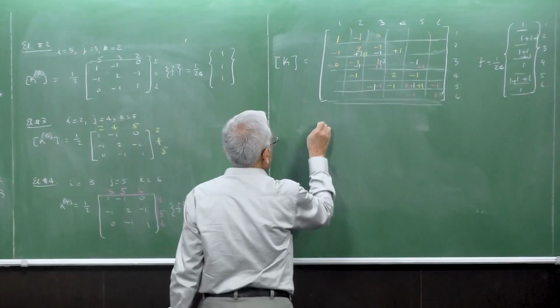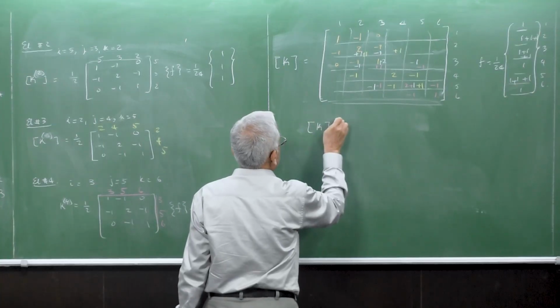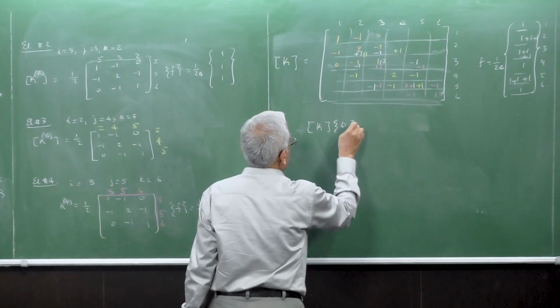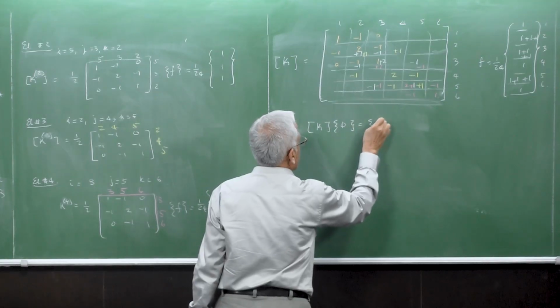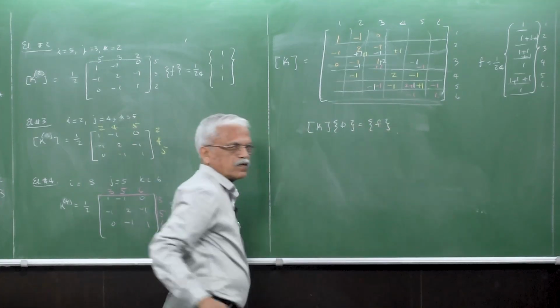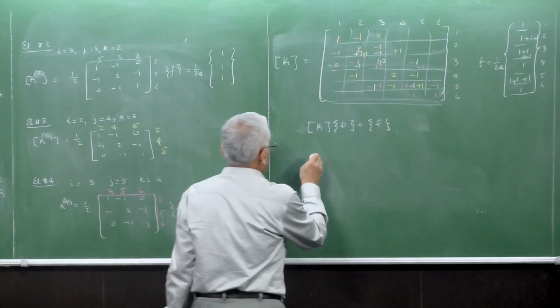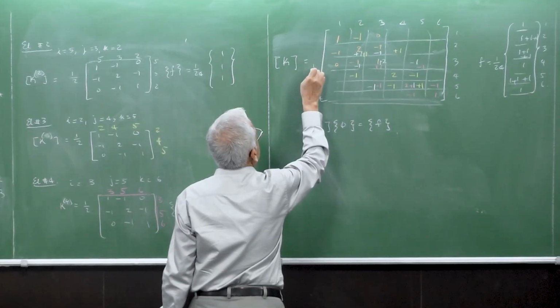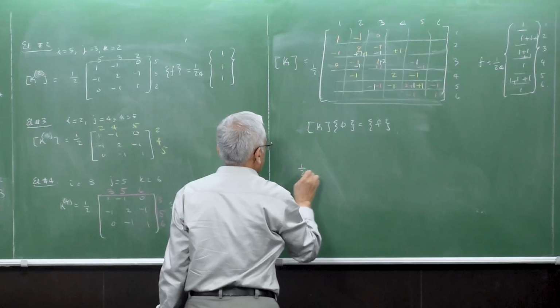So it is K times phi, where of course there is a half here, I forgot.